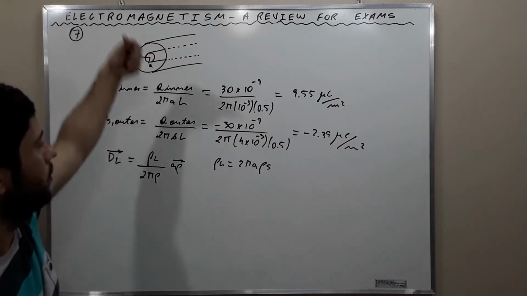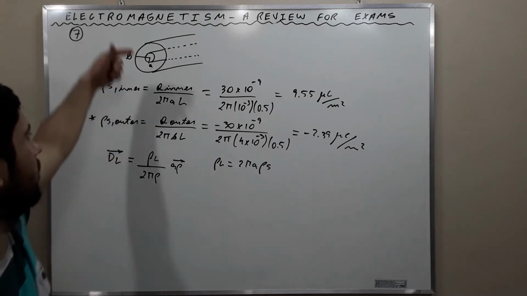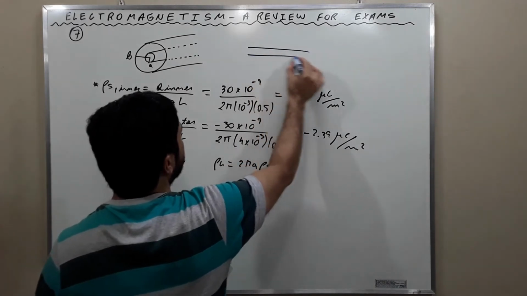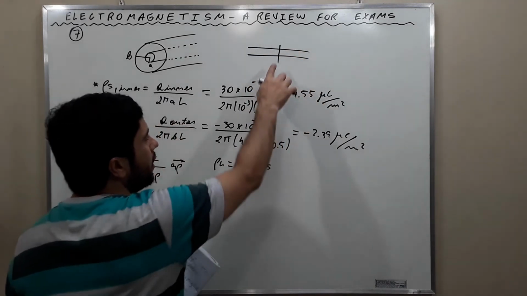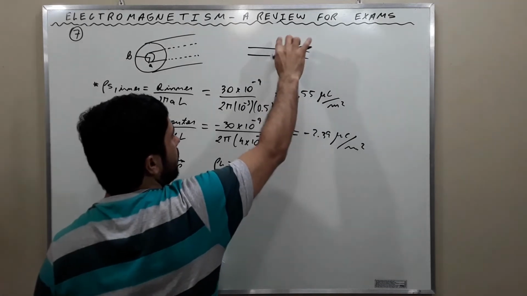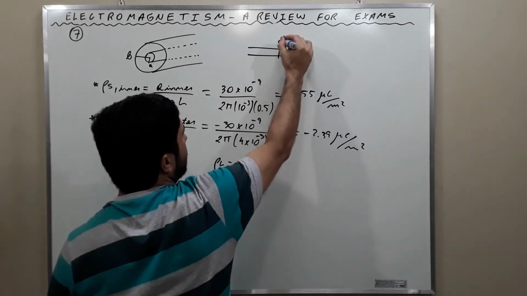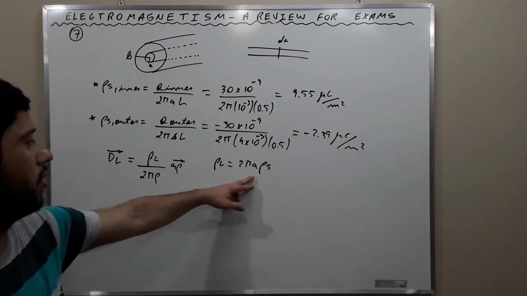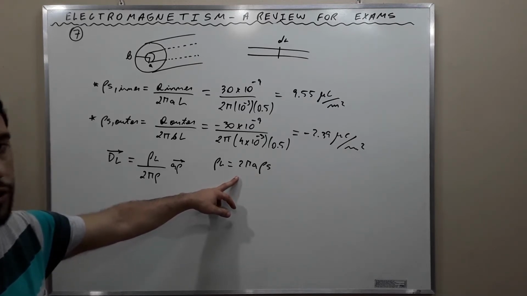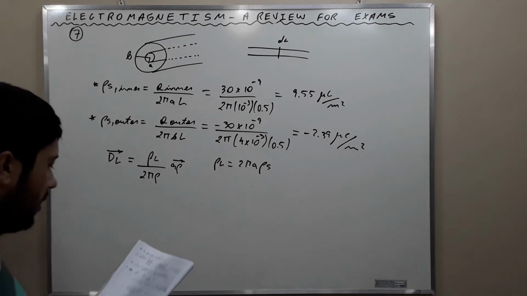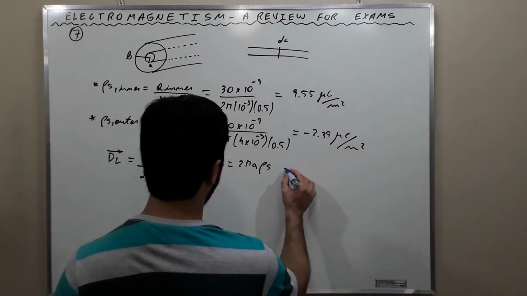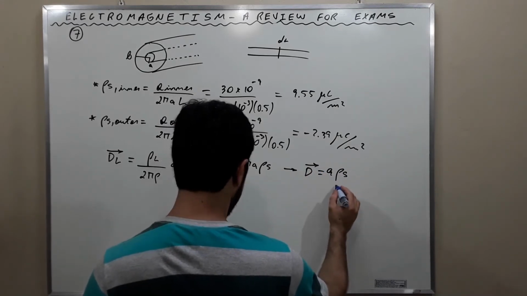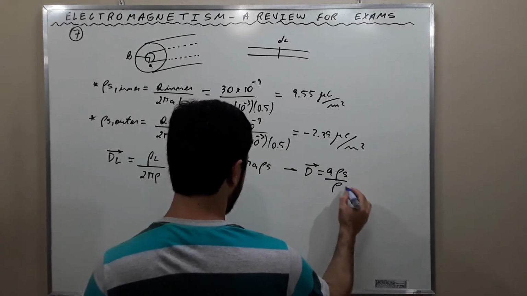We have the line element, for example, this is the conductor, and this line element here can be written as the surface density times the circular cross-sectional area. In this way, the expression becomes D equal to a rho S divided by rho.